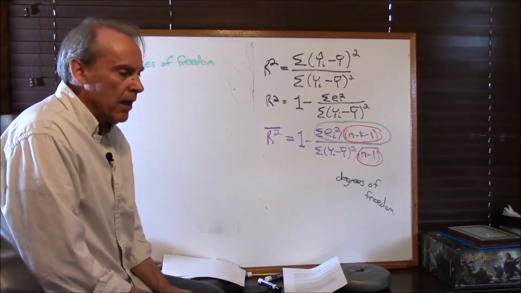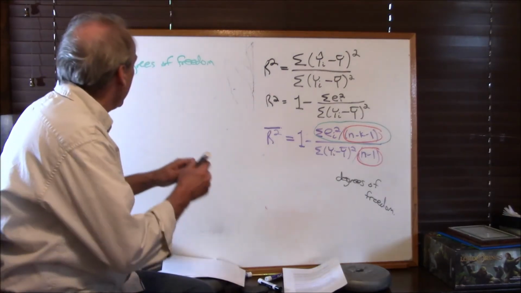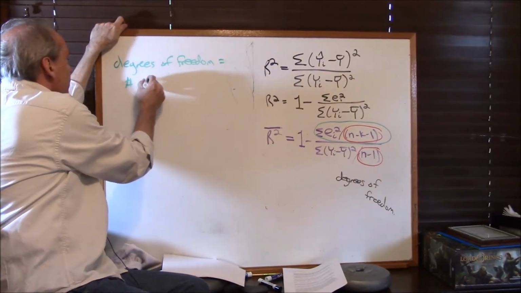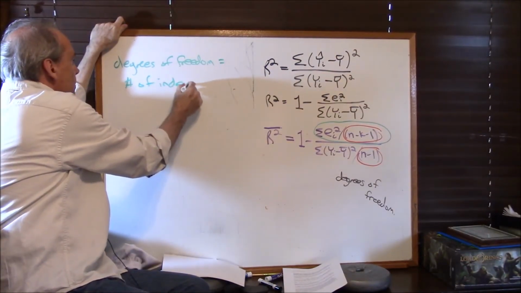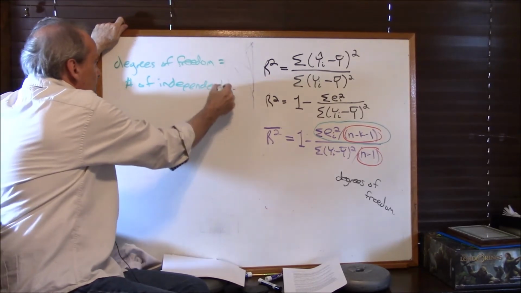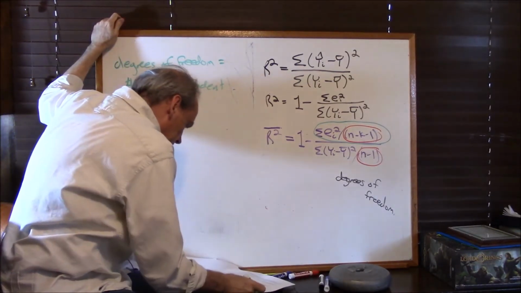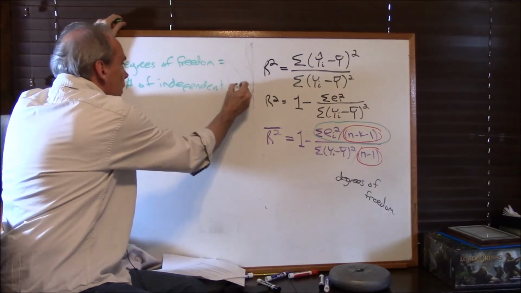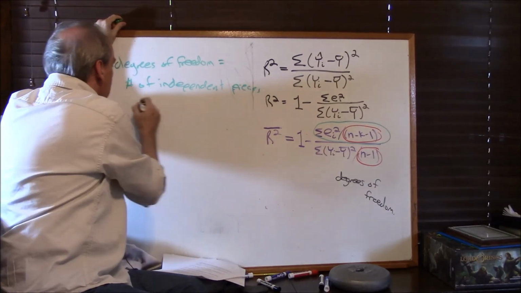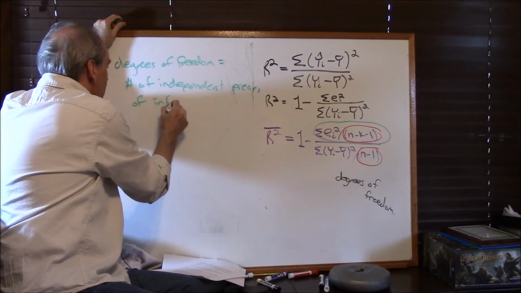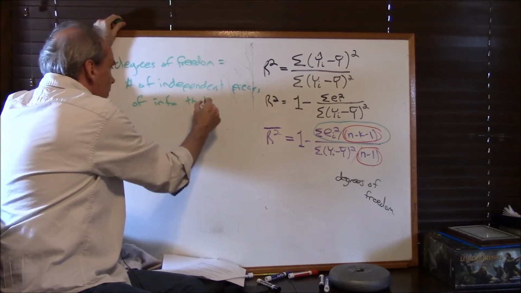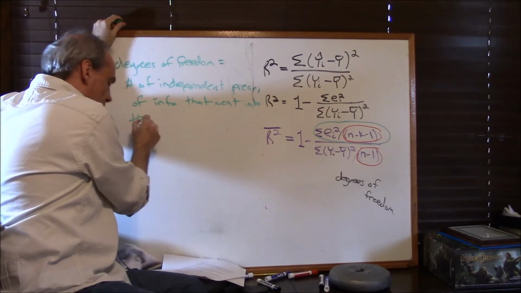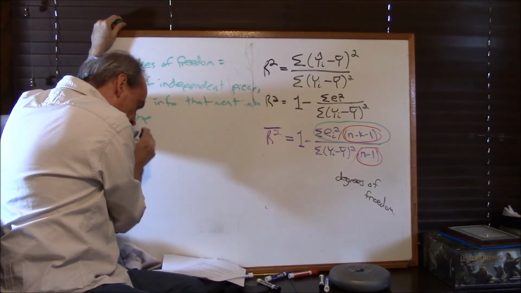And the degrees of freedom are equal to the number of independent pieces of info that went into the estimate.